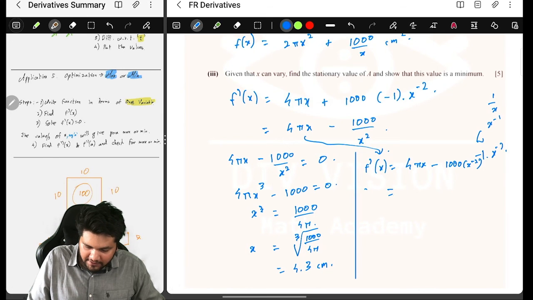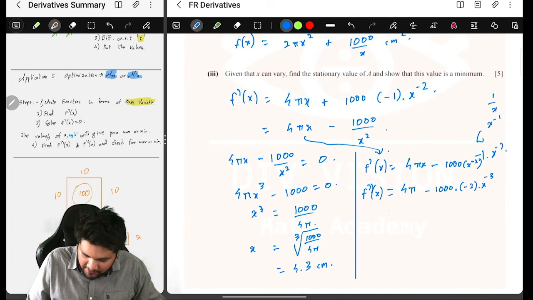Now the derivative of this, that is f double dash of x, is going to be 4 pi, and this is going to be minus 1000 into minus 2 into x to the power of minus 2 minus 1, which is nothing but minus 3. So as you can see, it's going to be 4 pi plus 2000 by x cube.